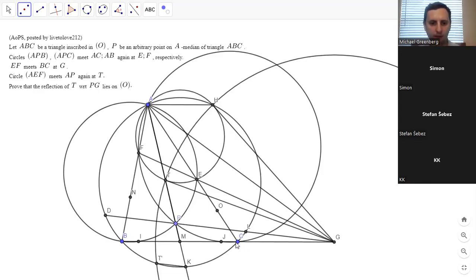I think ANOH might follow from similar triangles, actually. Yeah, that is obvious. Okay, so ANOH is cyclic. Yeah, by the power ratio lemma. But can we show that it passes through P?